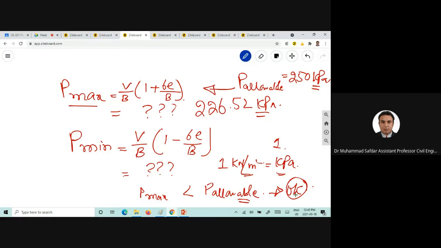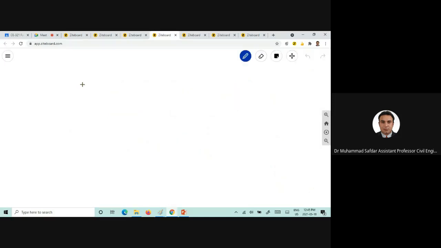Now, in order to find out the sliding resistance, we can use the V tangent delta. So give me the value for the V tangent delta.